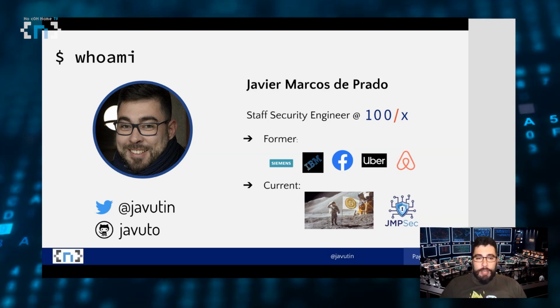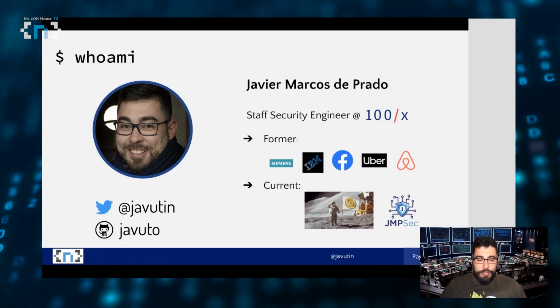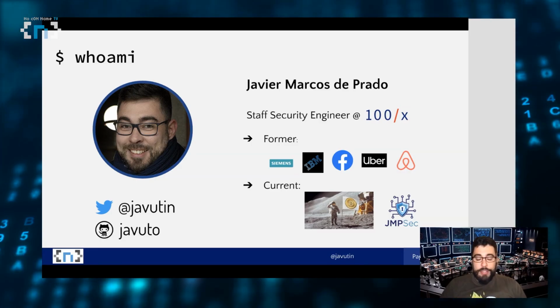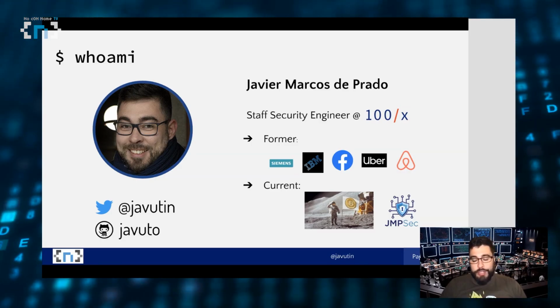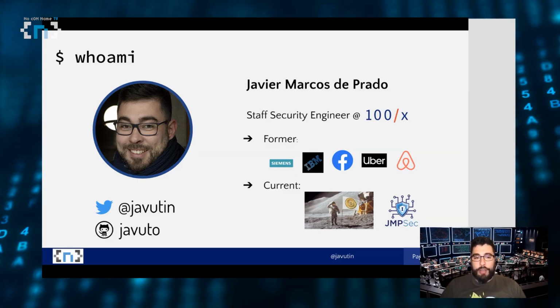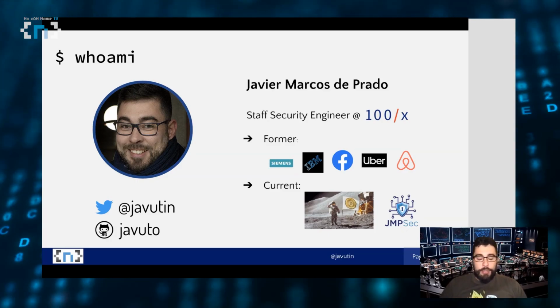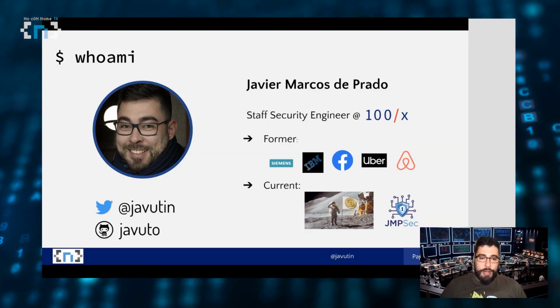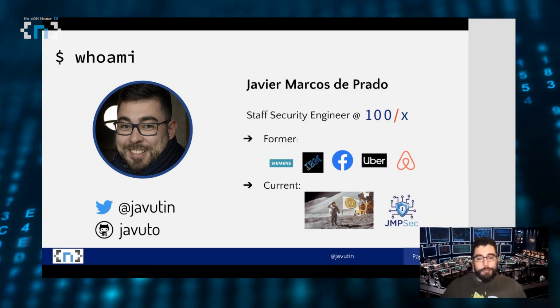Currently, I provide security services for a cryptocurrency exchange, and I'm also the founder of my consulting company, GMPSec. So if you have any questions about detection infrastructure or anything related, just give me a shout.